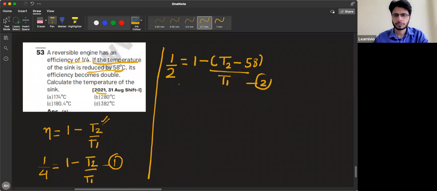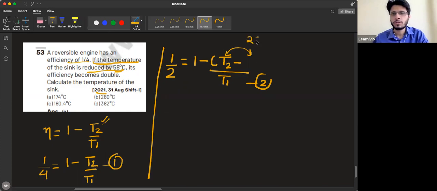Should we substitute 50 in terms of Kelvin? Well, here is the difference: if you are taking it in degrees Celsius, the answer will come in degrees. But yes, you are right. It would be better if we convert this into Kelvin.